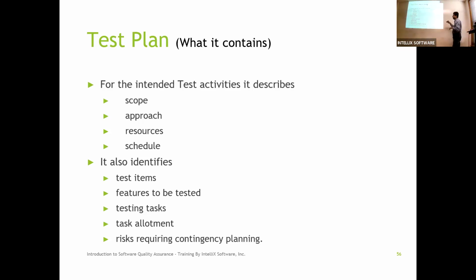So there are various levels of testing, and this test plan essentially identifies the guardrail around it. What is the scope? What will be the approach? How long will it take, and how many people and resources will be needed? It talks about what features I'm going to test, what the testing tasks are, and what the risks are.